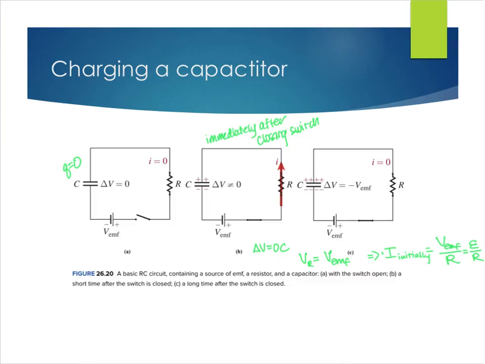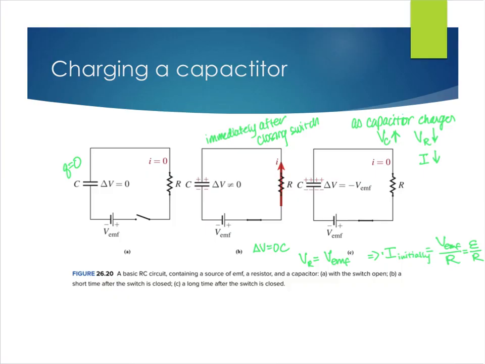But as the capacitor charges, the potential difference across the capacitor will grow, but then also that means the potential difference across the resistor will go down, which also means that the current in the circuit will decrease.